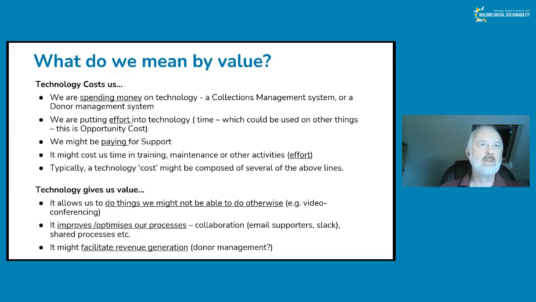So for example, you might have a case management system, or you might be using HubSpot or something like that to do marketing and managing of donors. You could do those things a different way. You could do those things with a spreadsheet. But the important point is, if you've got one of those tools, it is freeing up time of your staff, or allowing you to do improvements in how you reach out to people that you wouldn't be able to do otherwise.